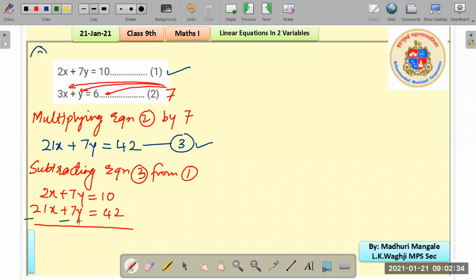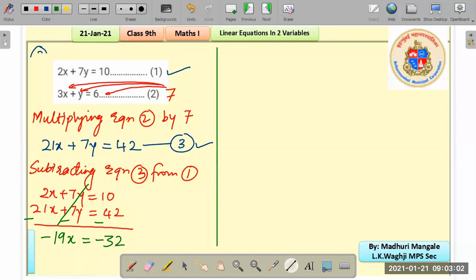So minus, minus, and this will also become minus, correct? So 2 minus 21, that will be minus 19x. The y terms will get crossed out, and here we are left with 42 minus 10. That will be how much? So 42 minus 10 is 32, and we give sign of greater number. So greater number is 42, that's minus 32.